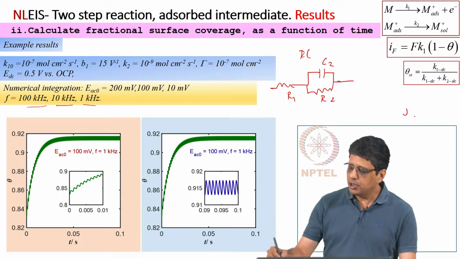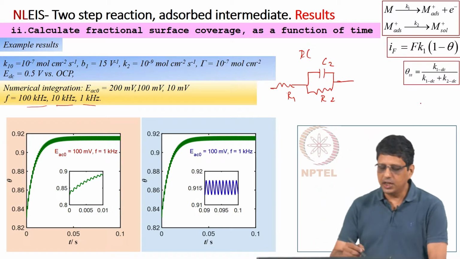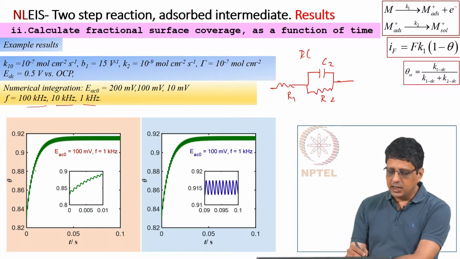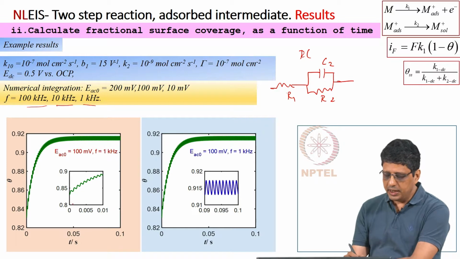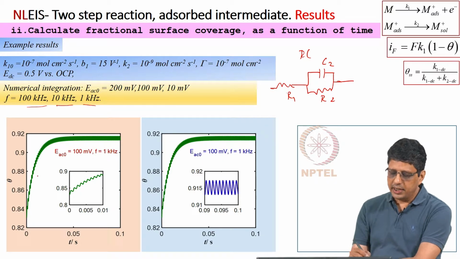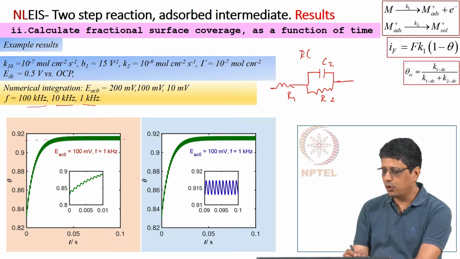So, out here by using numerical method, when you integrate, you realize that it will come to steady periodic result only after some time. It takes some time to stabilize. In the beginning, it starts at close to 0.8. The fractional surface coverage was close to 0.8. It increases and it oscillates around a value which is probably close to 0.915.